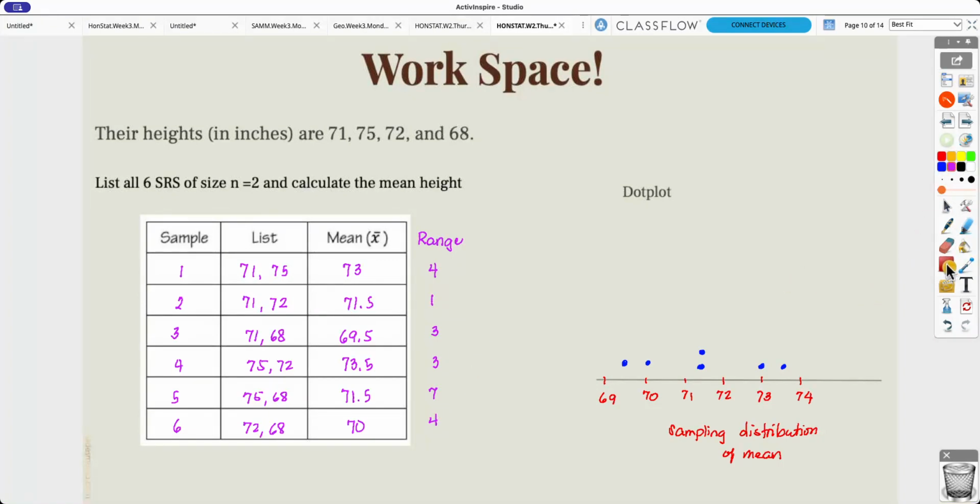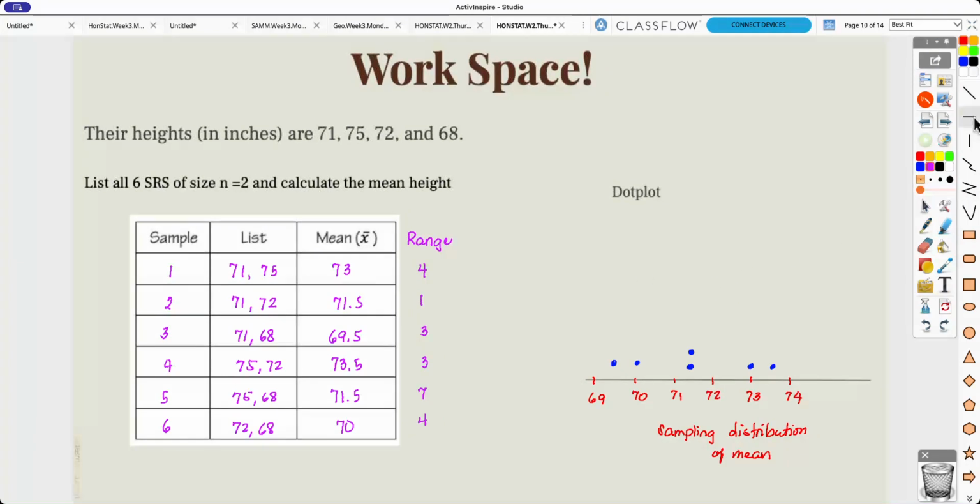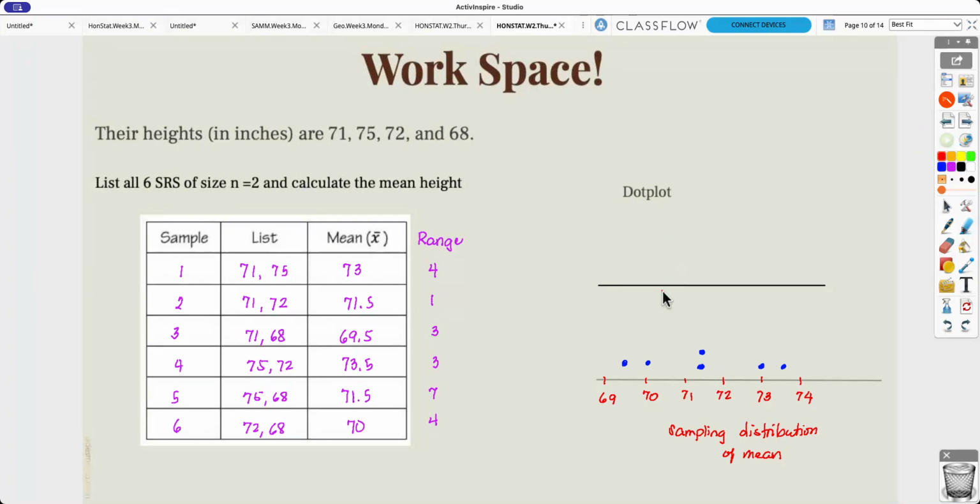Okay, so let me just put in here the dot plot for the range. I'll put it on top here. So this one is the sampling distribution of the range. Okay, and the lowest value is 1.